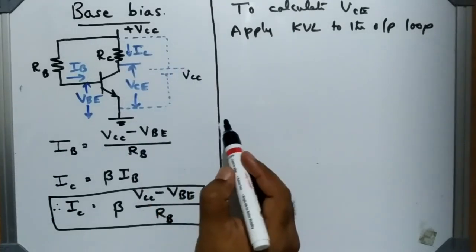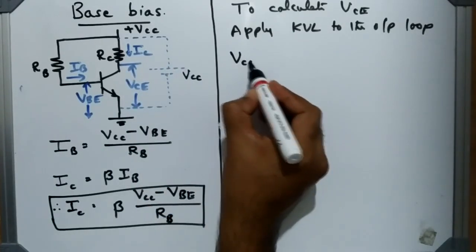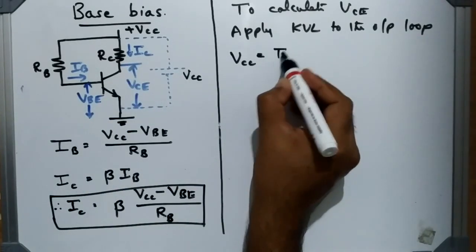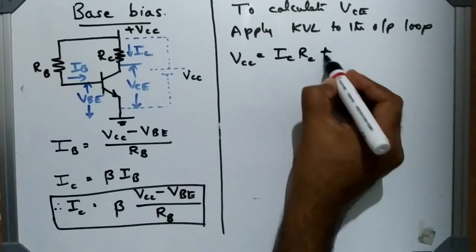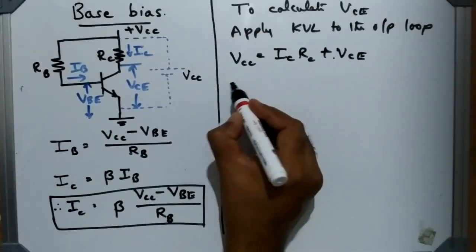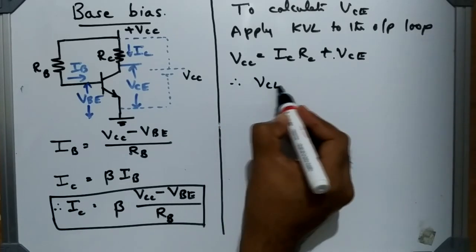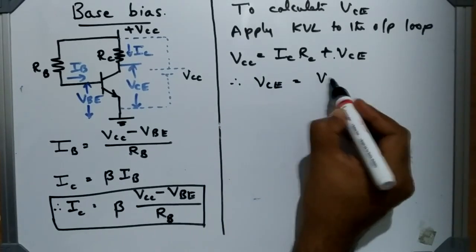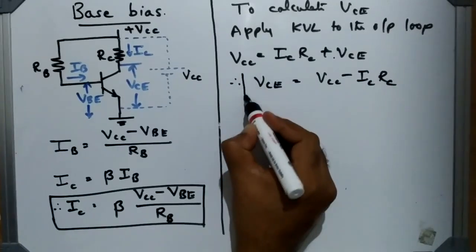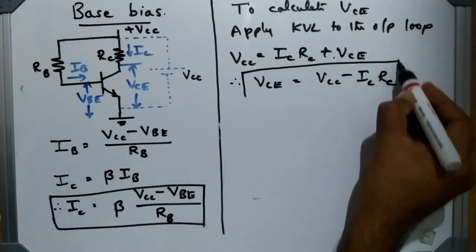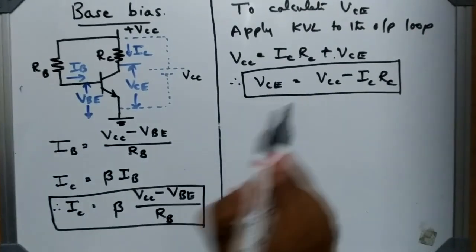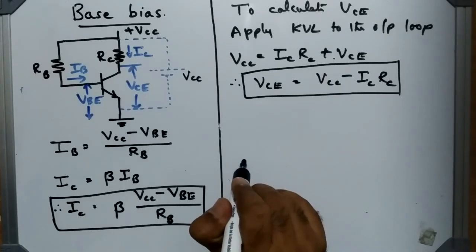This and this is one and the same. VCC equals this voltage, that is IC into RC, plus this voltage, that is VCE. Therefore, from this we can calculate VCE equal to VCC minus IC into RC. So this is the expression for the output voltage, that is the collector to emitter voltage.